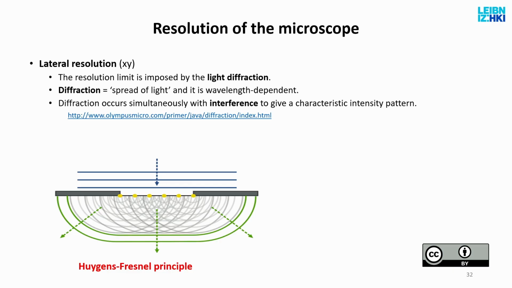Then this small area starts to behave as a light source itself. So when the light arrives at this point, it doesn't know anymore where it came from. It starts to spread spherically in every possible direction. It diffracts.